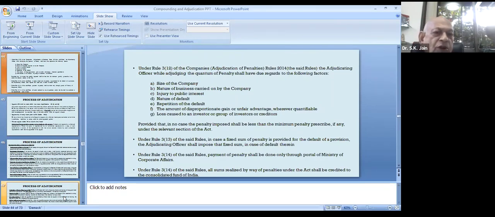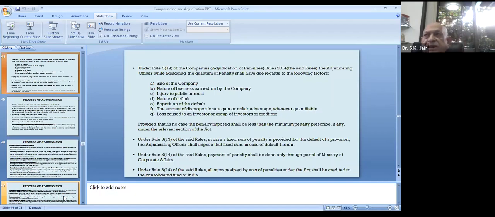Now, the adjudicating officer has to consider certain factors while adjudicating penalty. These factors are the size of the company, nature of business carried on by the company, injury to public interest, nature of default, repetition of default, the amount of disproportionate gain or unfair advantage, wherever quantifiable, and loss caused to any investor.